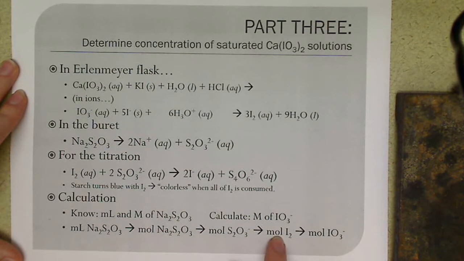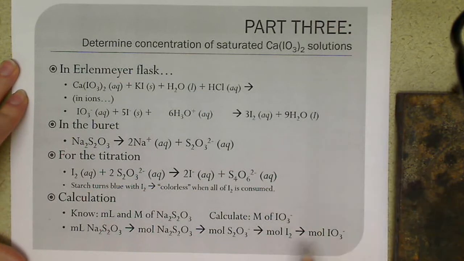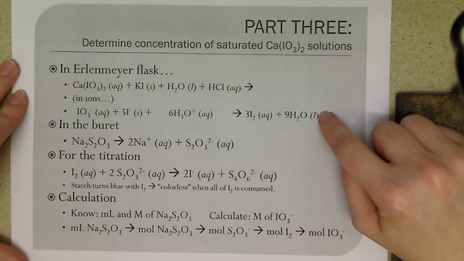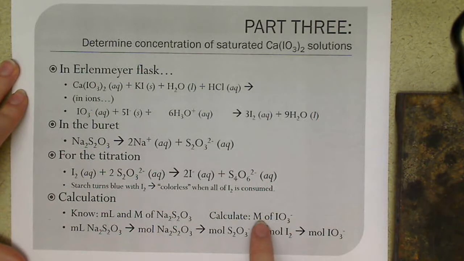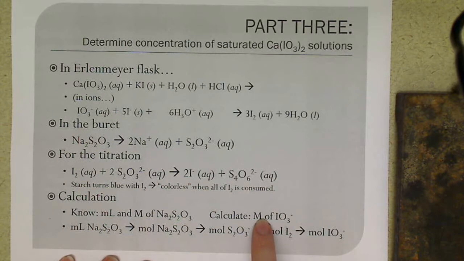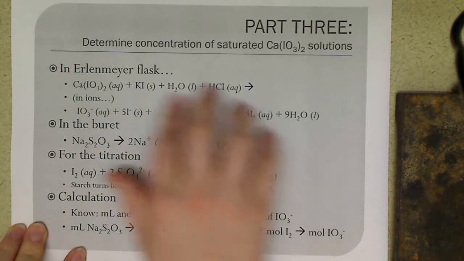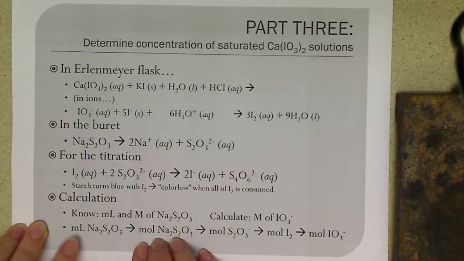Moles of thiosulfate to moles of iodine, using this equation here. Then moles of iodine to moles of iodate, using this equation here. Then to get molarity, we take our moles of iodate divided by the volume of iodate, in liters of course, to get your molarity of your iodate. Those are the calculations for part 3.